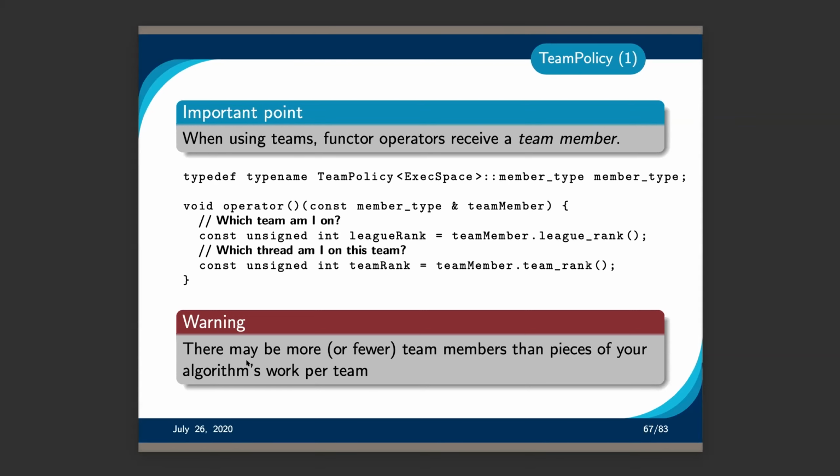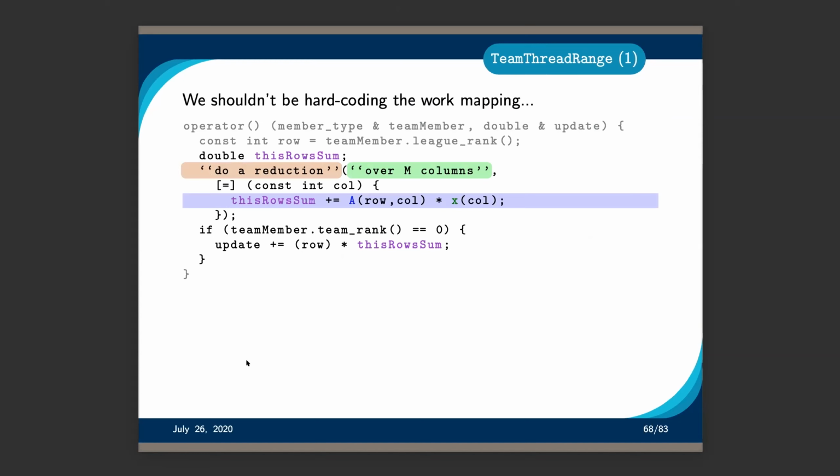But one thing to keep in mind here is that this team size is not directly related to any of the internal loop lengths, right? You just get a number of threads which can do shared work or collaborate on work. Okay, let's go on. So the point is that you shouldn't hard code work mapping on the nested loops either, right? We didn't do that on the big loops.